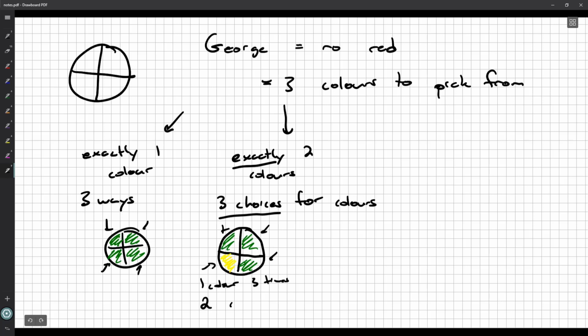So there's just 2 choices here. Okay, 2 choices. Which of the 2 colors he's picked is only used for one section. Okay. So, or I'm actually going to write this up a bit nicer. So here's our case, exactly 2 used. Okay. So 3 ways to pick his colors.